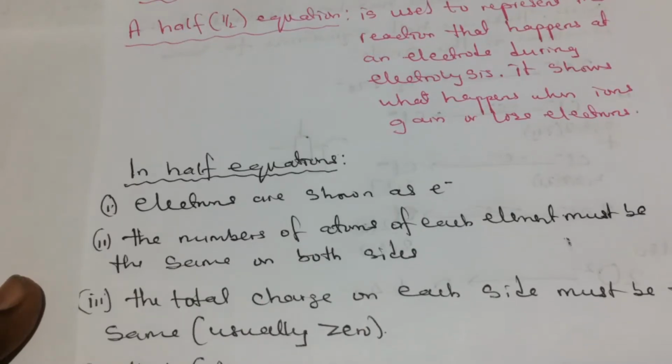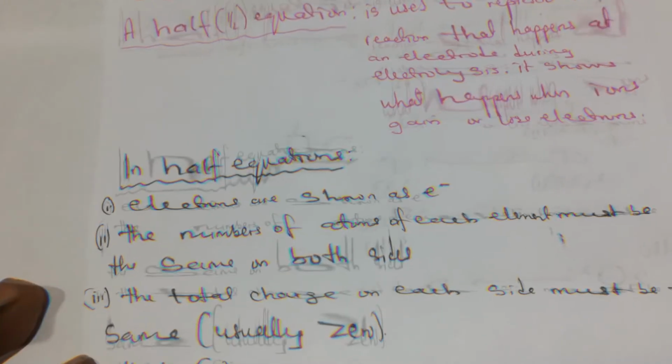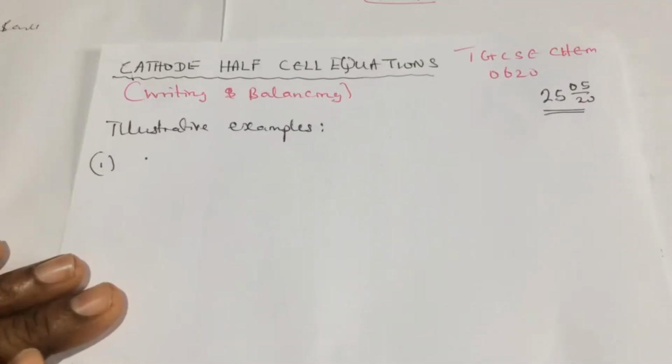Let's look at how you can write the cathode half-cell equation for the following cations. This is cathode half-cell equations, writing and balancing. This is a subtopic that you're required to know, especially when you are studying electrolysis.